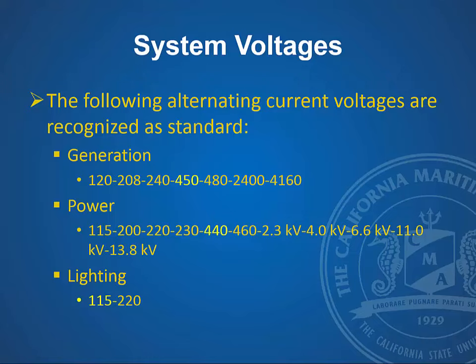You will also see listed here higher voltages and kVs, 1000 volts, 2.3 to 13.8 kilovolts. Within the Americas now, we are seeing 6.6 kilovolts and 11 kilovolts on ships.